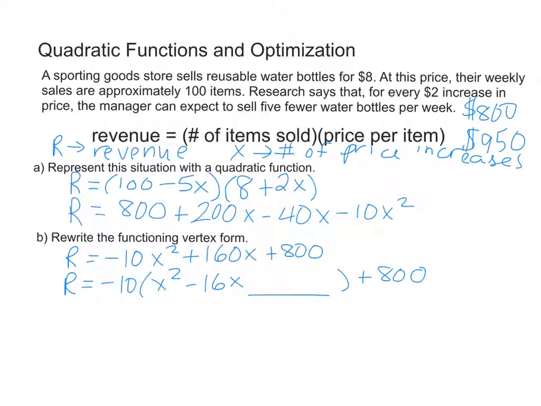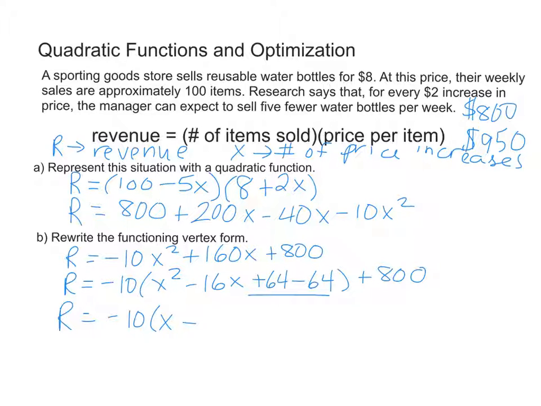Half of 16 is 8. 8 squared is 64. So I'm going to go plus 64 minus 64. Most of you seem to be pretty good at this part by now. Just the switching from standard to vertex. The A part, that's the new stuff. This is the old stuff.